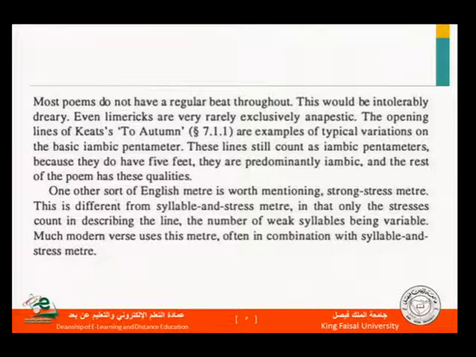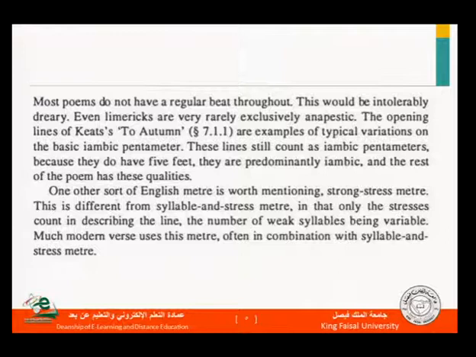One other sort of English meter is worth mentioning, strong stress meter. This is different from syllable and stress meter in that only the stresses count in describing the line, the number of weak syllables being variable. Much modern verse uses this meter, often in combination with syllable and stress meter.